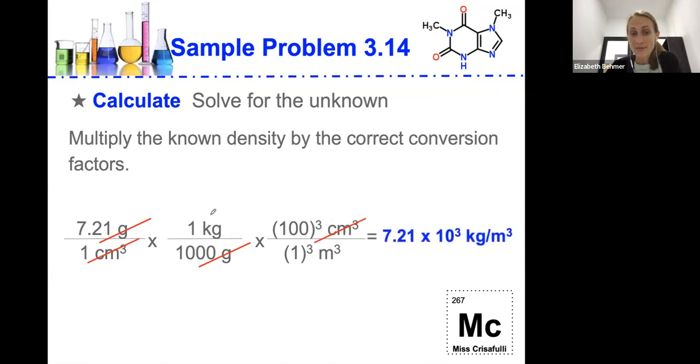So we are left with what we want, kilograms per meter cubed, but just remember that in this conversion factor, we had to cube the conversion factor. So we'll take 100 cubed divided by 1 cubed. So we'll take 7.21 times 100 cubed divided by 1,000. And then all the units cancel out, and we're left with the units we want, kilograms per meter cubed.